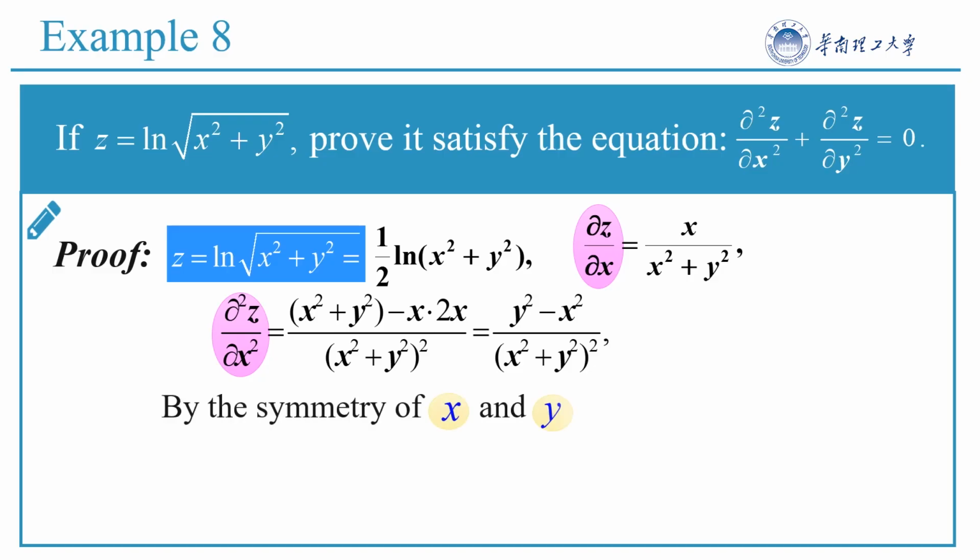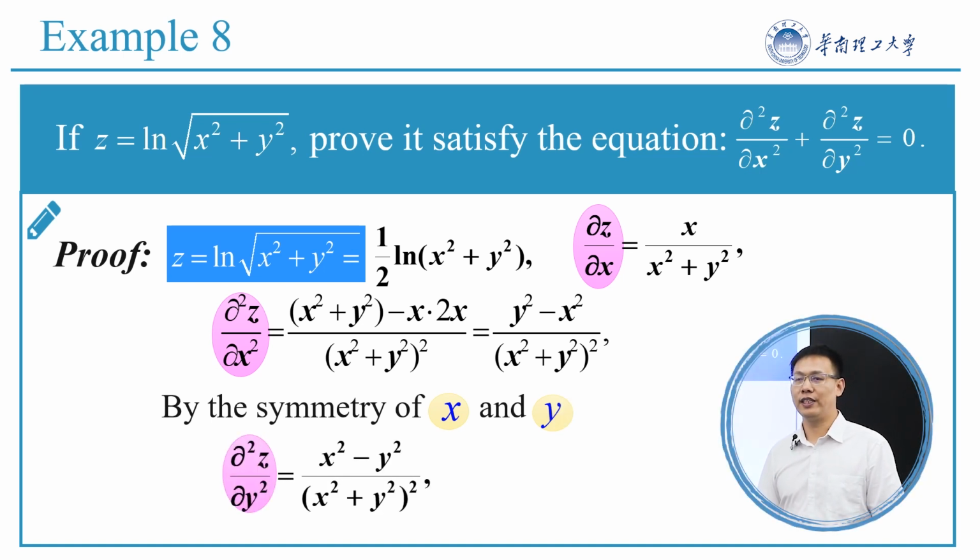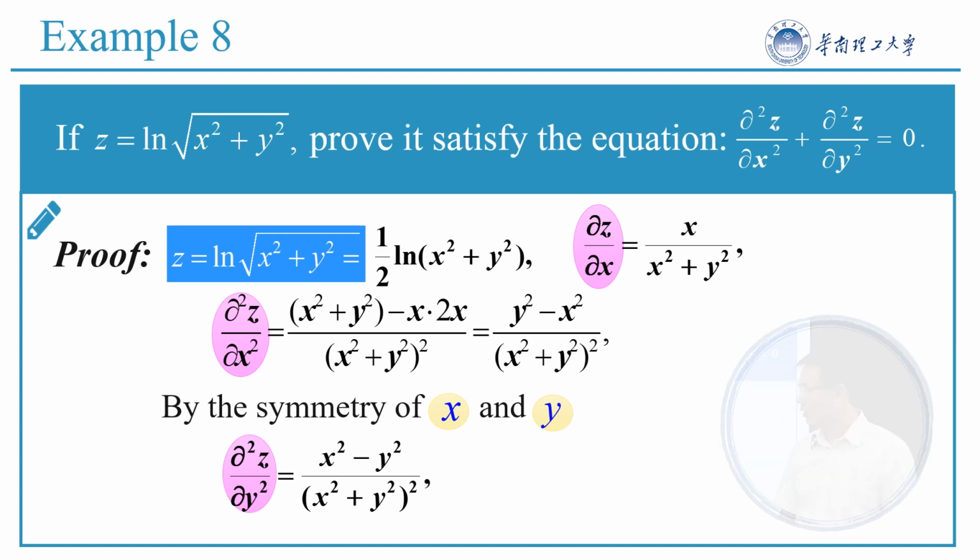By the symmetry of x and y, just exchange x and y in this term, we obtain the following second partial derivative of z with respect to y twice. Note that there is only a minor sign difference between these two second partial derivatives, so their sum is 0.